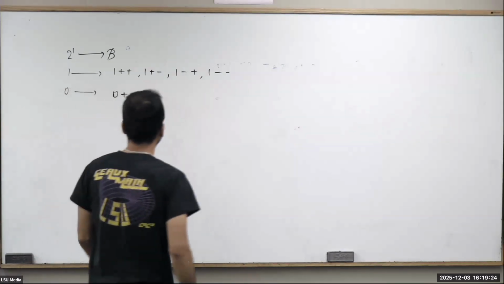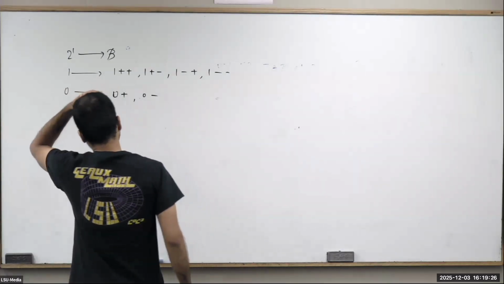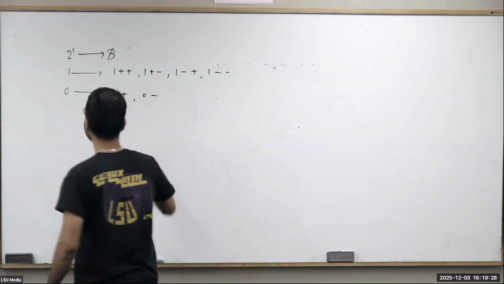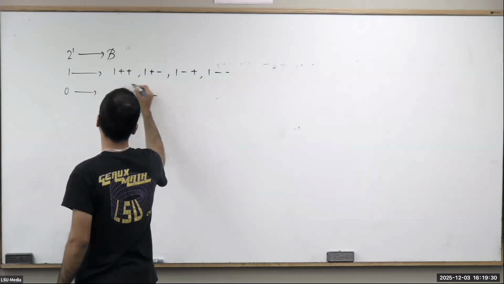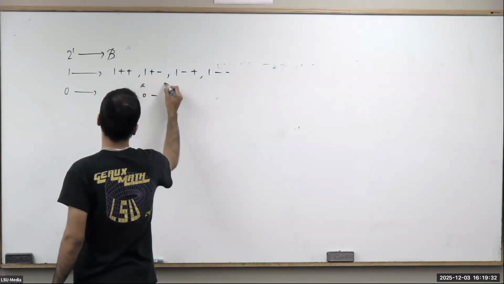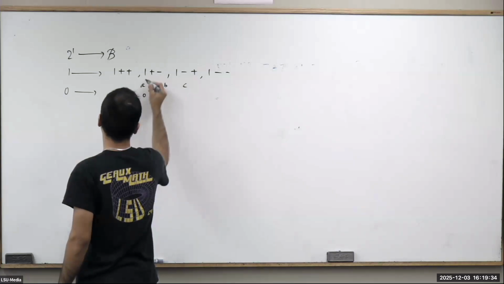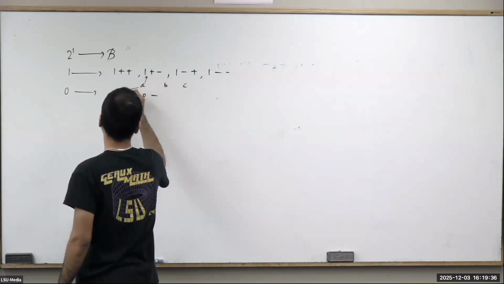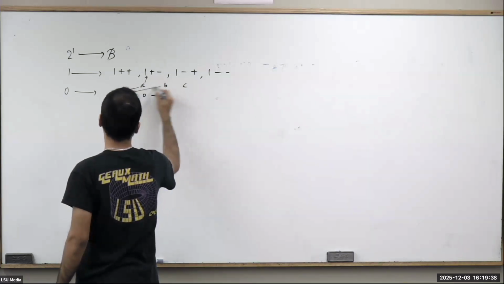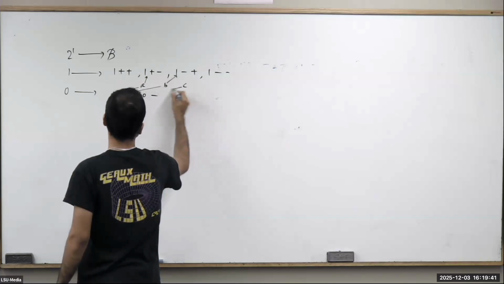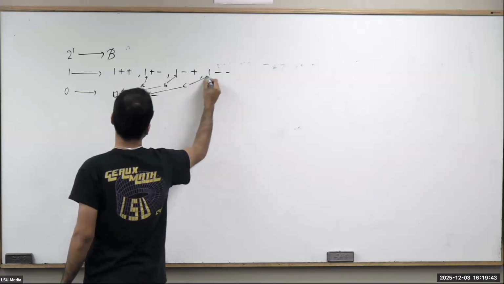These are your sets. And your set maps are your A, B, C, where A is connecting these two, B is connecting these two, C is connecting these two.